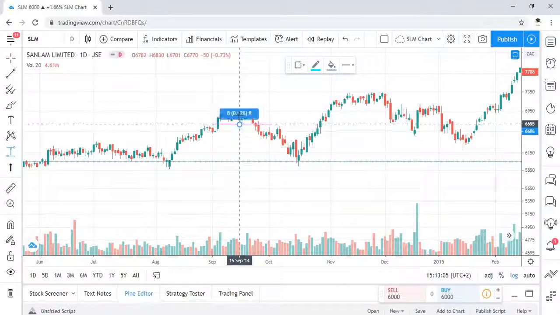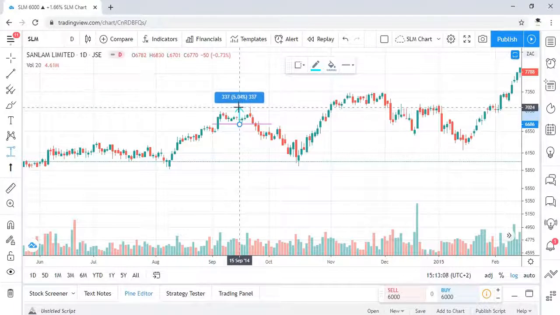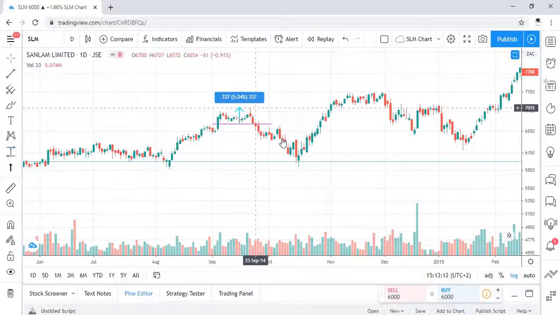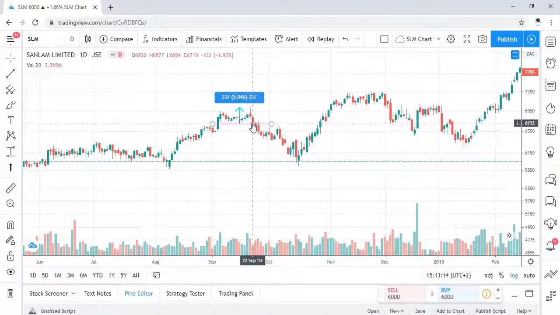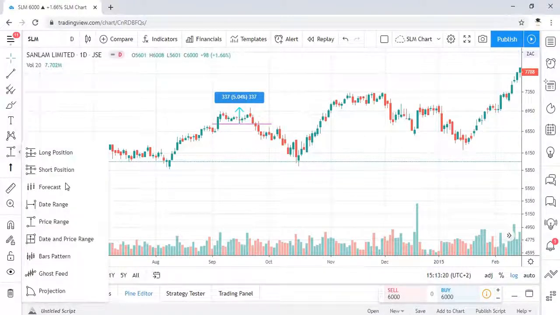from this point here going up to the intermediate high. So that is the point which we say if broken, we are expecting that price is going to move to that level.